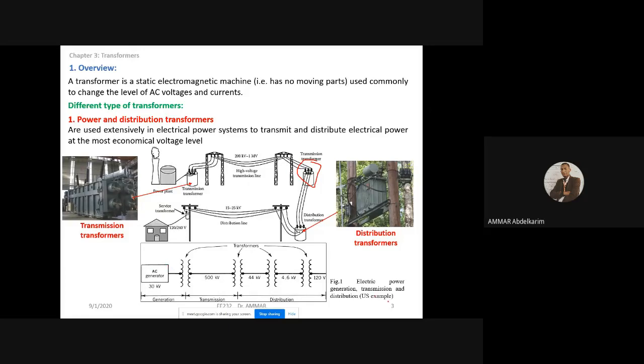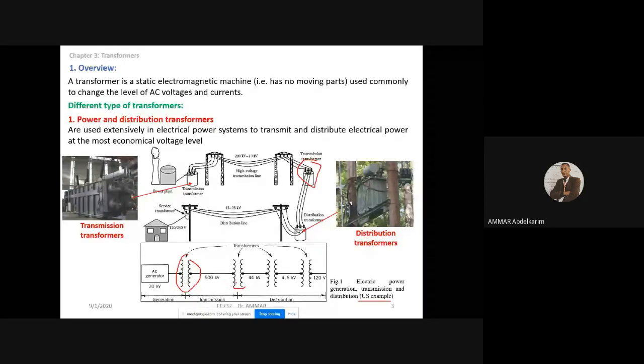This is an example of the US, of course, with an AC generator. The level of the voltage here is 30 kilovolts. So the transmission transformer will raise this voltage up to 500 kilovolts. Then the distribution transformers have different levels. The first one will reduce the level of the voltage from 500 kilovolts to 44 kilovolts, then 4.6 kilovolts, then to 120 volts, which is the service electricity used in houses and cities.